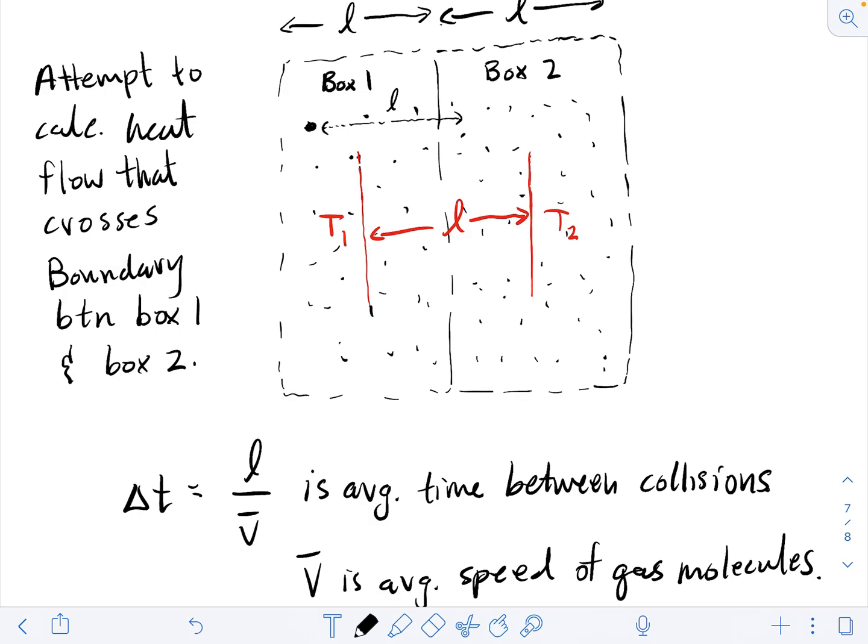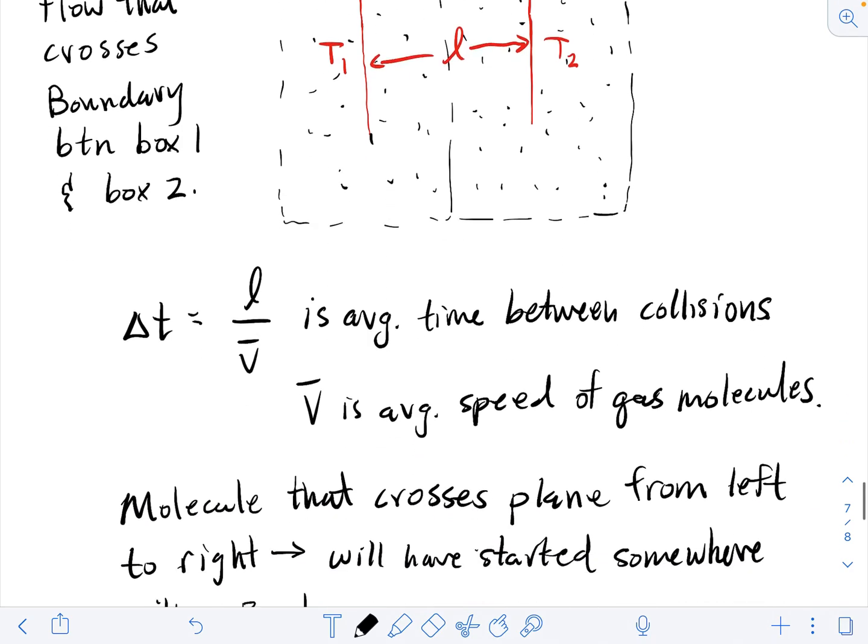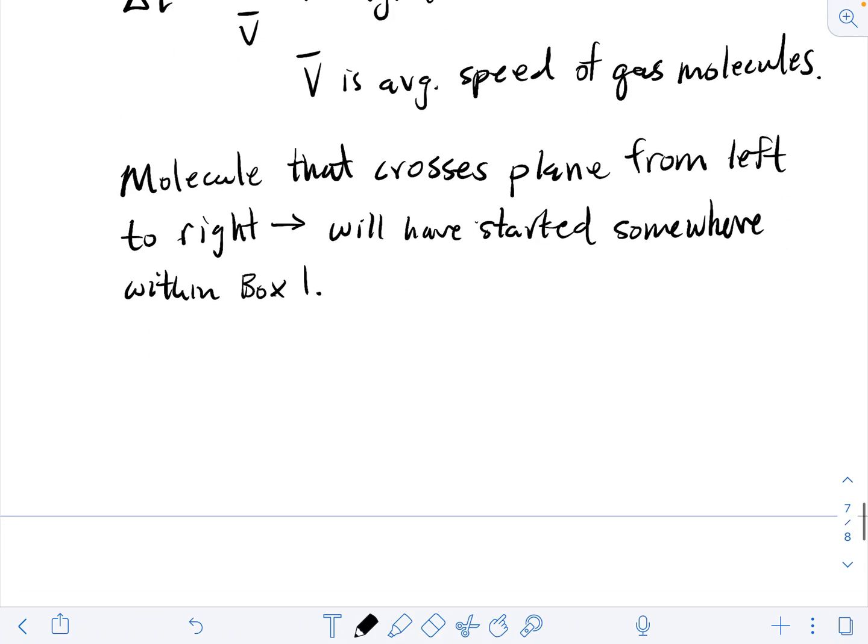And so all of the particles in box 1 that are moving to the right will end up in box 2 in a time delta t. Likewise, all the particles in box 2 that happen to be moving to the left after a time delta t will end up in box 1.